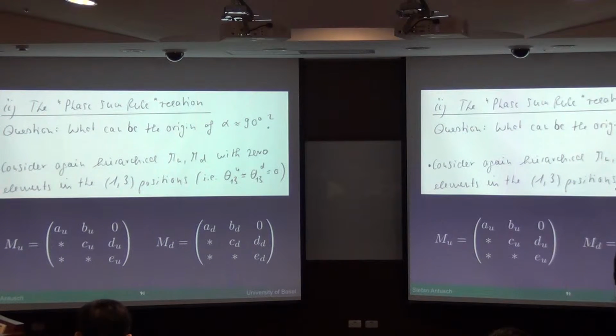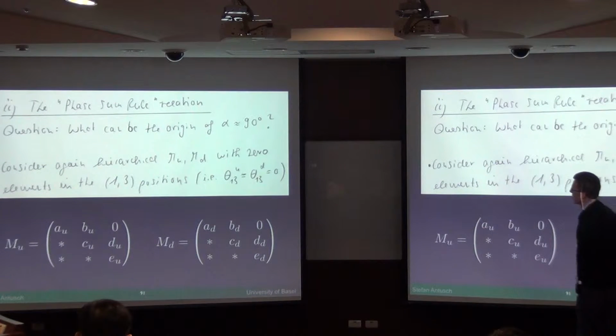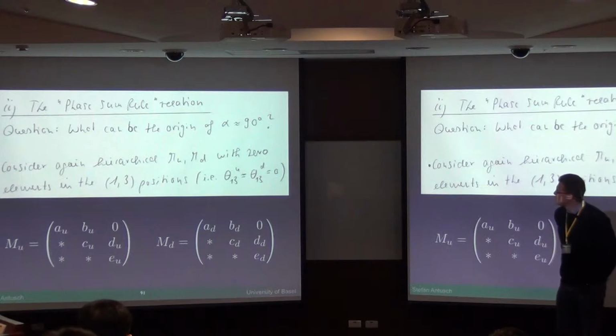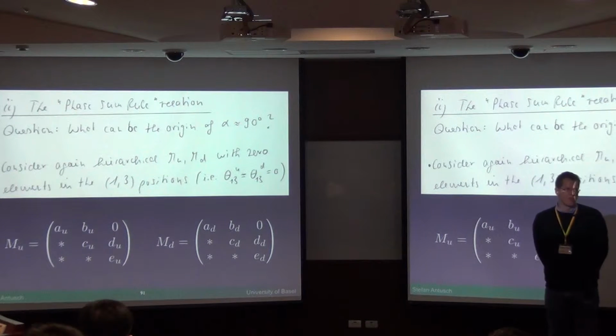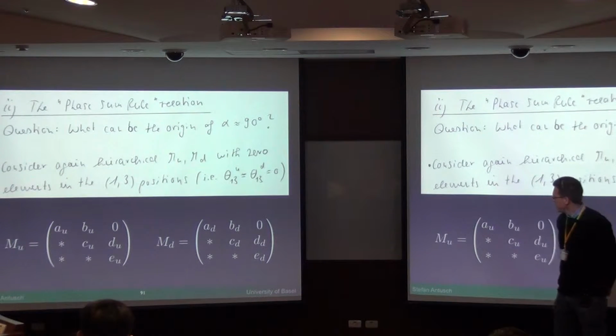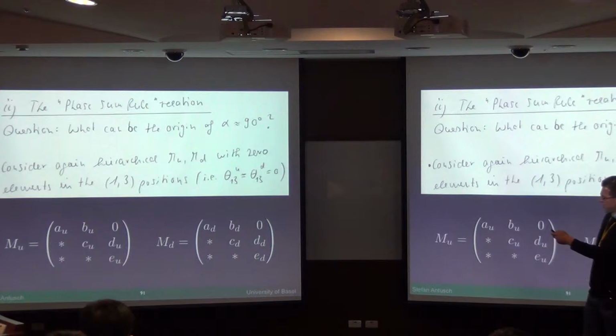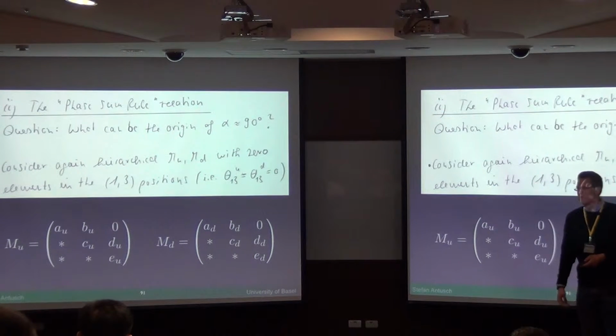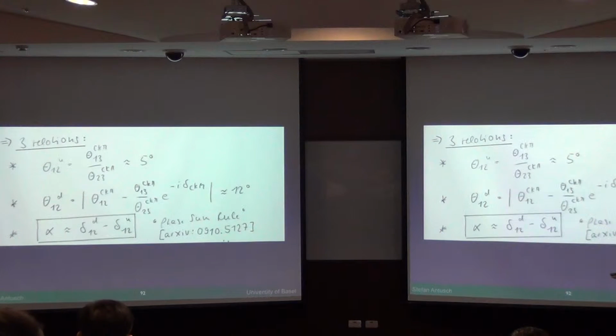So if you ask how could this come about, there's a quite interesting possibility when you now consider, again, hierarchical up and down quark mass matrices, where you now have a 0 in the 1-3 element, so that this 1-3 up and 1-3 down mixing angles are 0. And when you require this, then this gives you a few interesting relations, which are also working quite nicely.